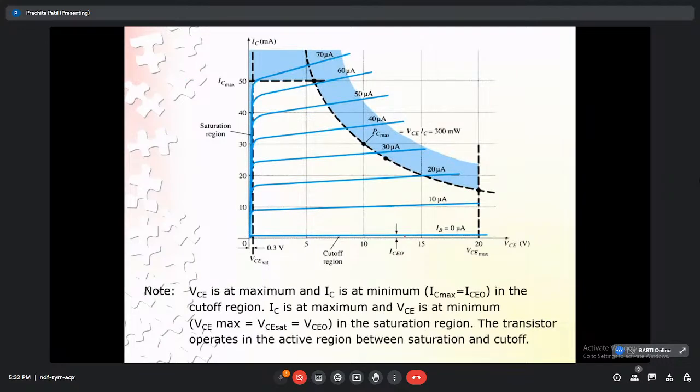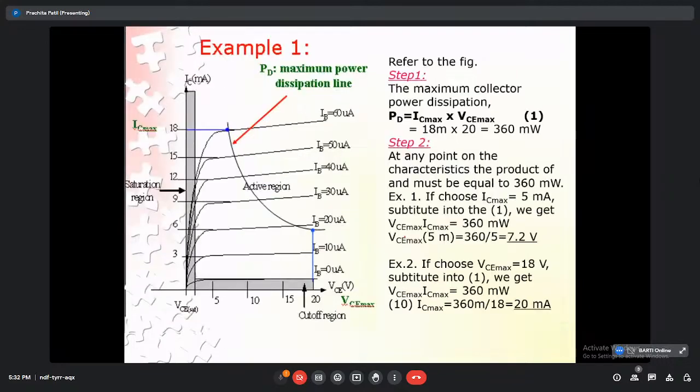So here you can see simply the maximum power dissipation, which is shown here, and these are some of the steps we can have.